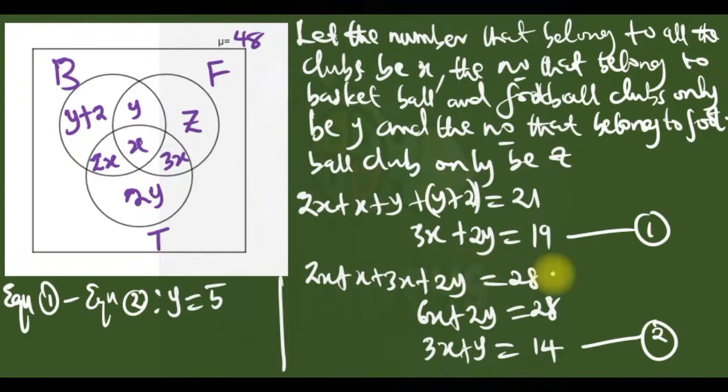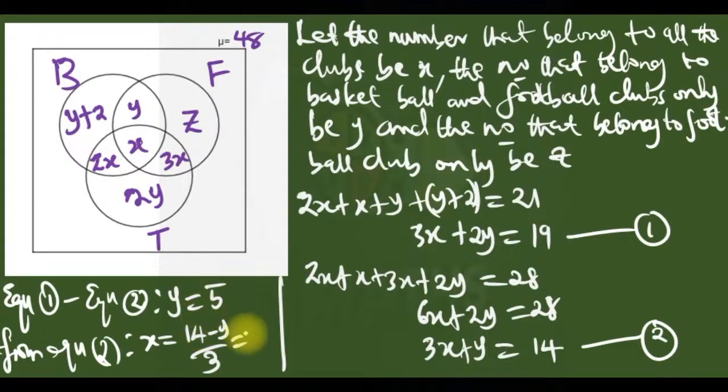From equation 2, making x the subject of formula, x is 14 minus y over 3, which is 14 minus 5, where y is 5. 14 minus 5 is 9, and 9 over 3 is 3. So we found the value of x.